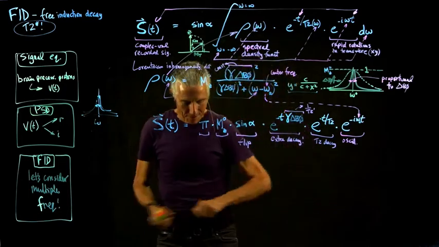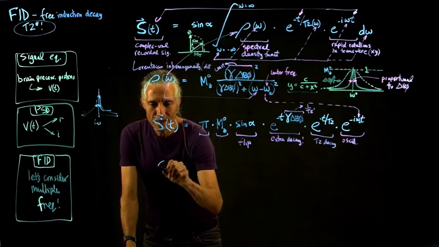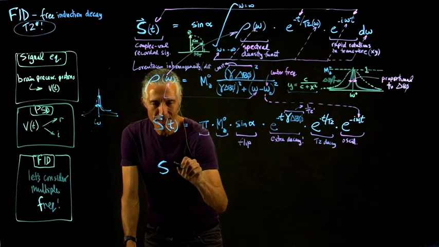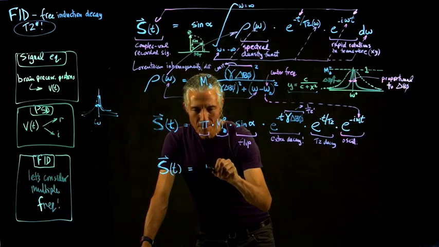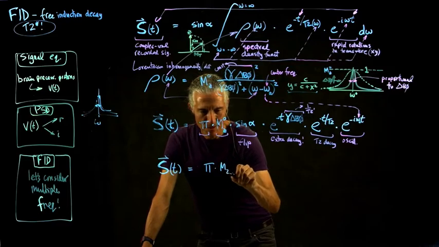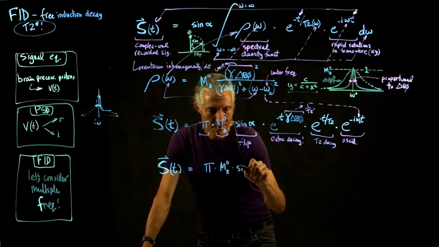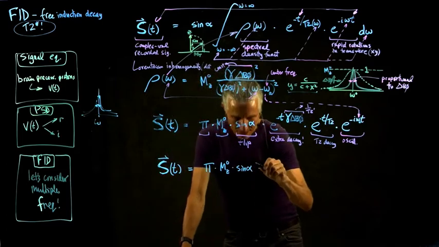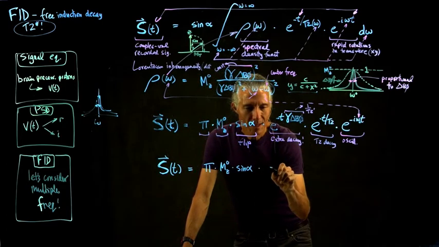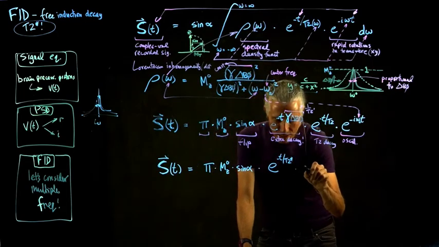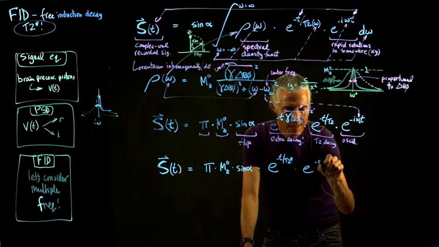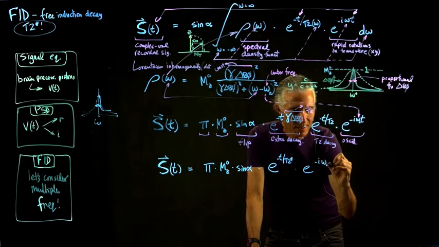So if we write out our final free induction decay equation, we get our signal is equal to pi times Mz0 times however much flip we did, times a decay term, which is e to the minus t over T2 star, times our single frequency, e to the minus i omega 0 t.